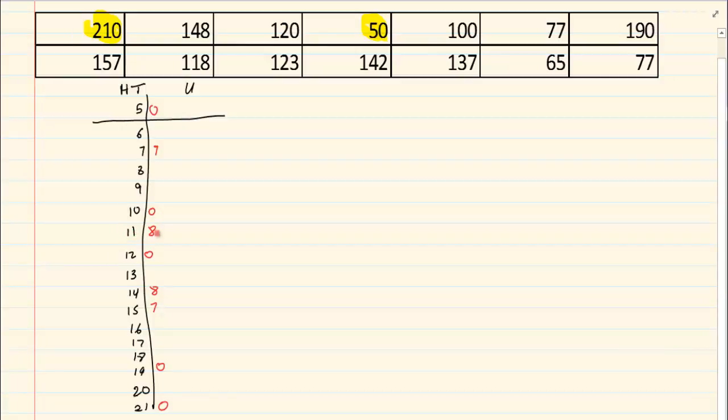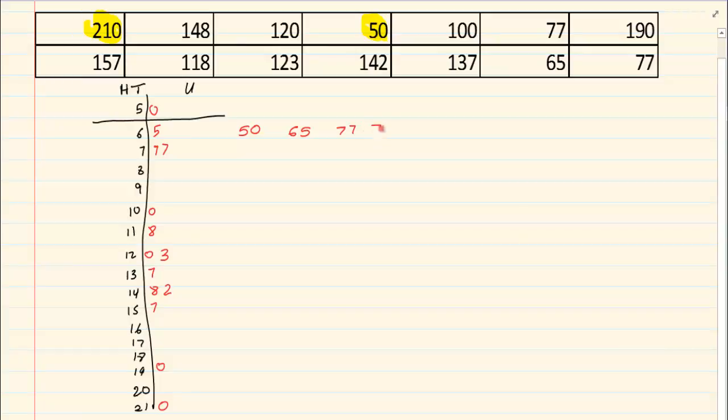Remember, 118. 123. 142. Now you see this, the 8 is before the 2, which means we'd have to change that. 137, 65, and 77. Now if we're putting the data in order, I prefer that we write the data out horizontally. So we're going to have 50, and then we're going to have 65.